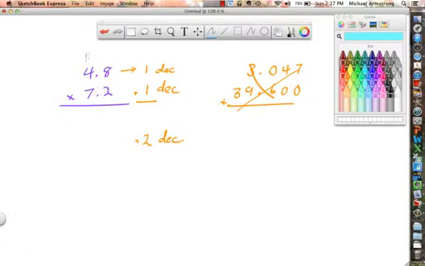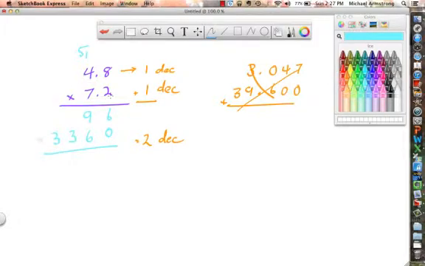8 times 2 is 16. 2 times 4 is 8, plus 1 is 9. Put a 0 here to hold our place, because now we're multiplying by something 10 times as big. The 1's place is 10 times as big as the tenths place, so we've got to carry that over using a 0 as a placeholder. 7 times 8 is 56. 7 times 4 is 28, plus the 5 is 33.